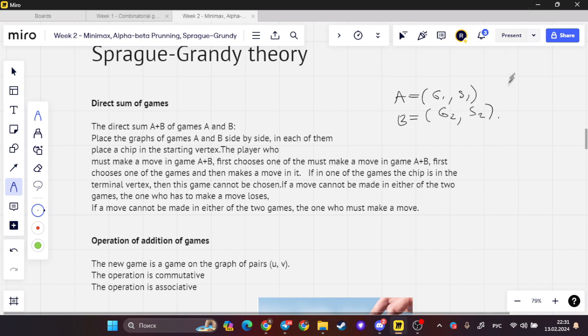And we have two initial states for these games, and we can play on this graph by choosing a move. We move in the first graph, or we move in the second graph, and that's it.